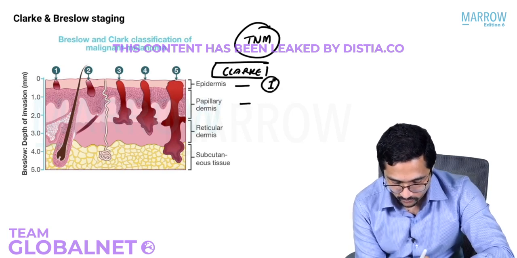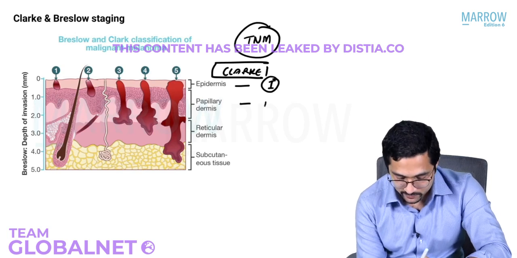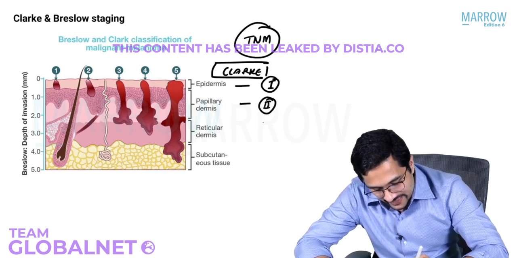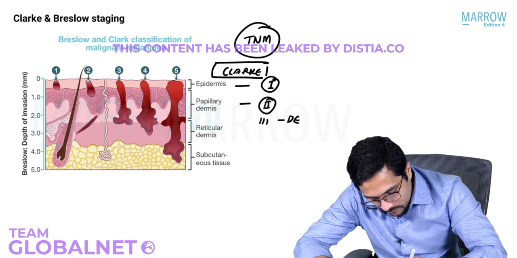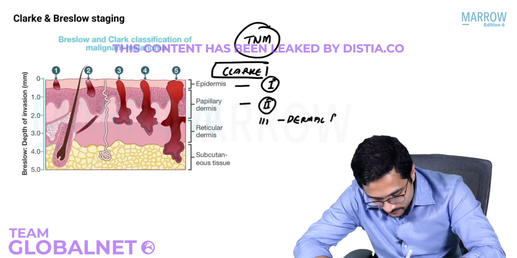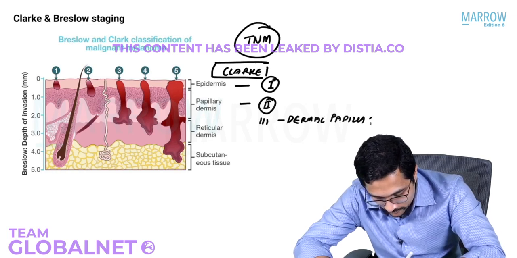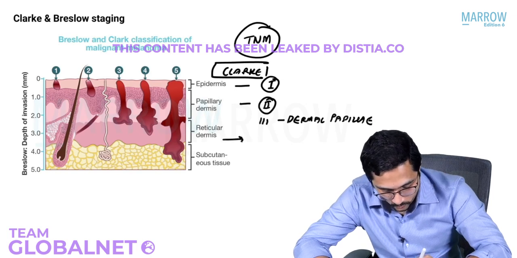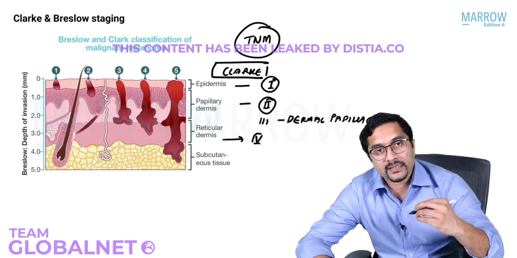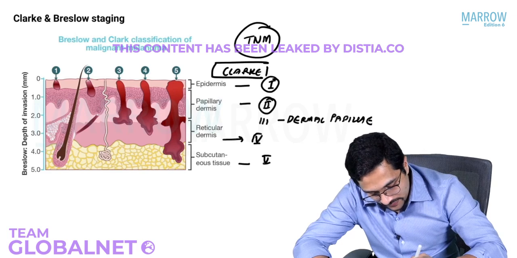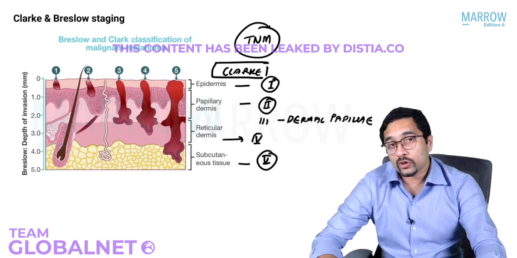Papillary dermis involvement, epidermis plus papillary dermis, is stage 2. 3 is when dermal papillae are involved. Stage 4 is when reticular dermis is involved, and stage 5 is when subcutaneous tissue is involved.